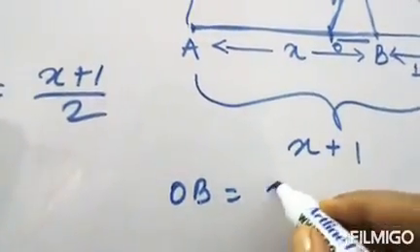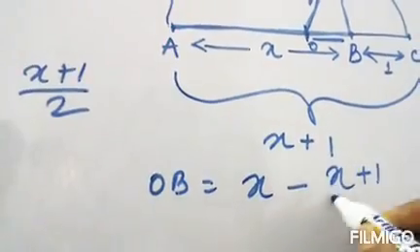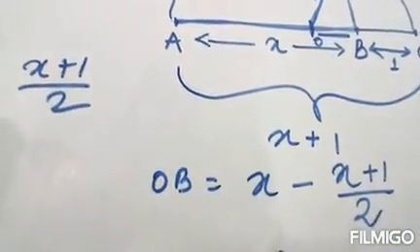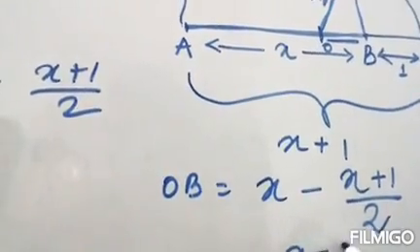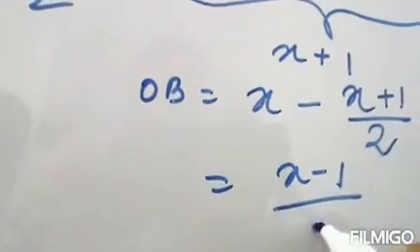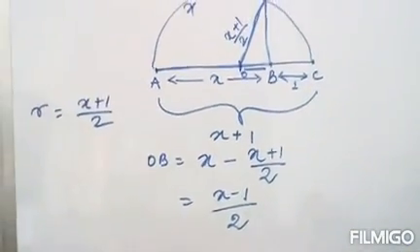So it will be x minus (x plus 1) by 2, which means (x minus 1) by 2. OB is (x minus 1) by 2. Correct?